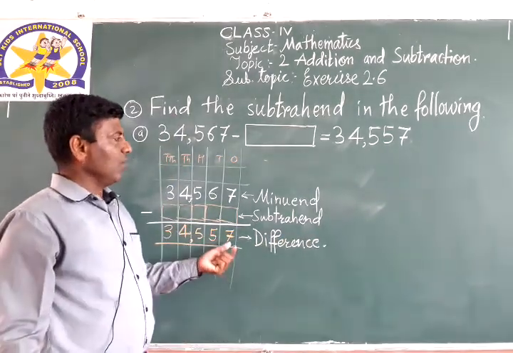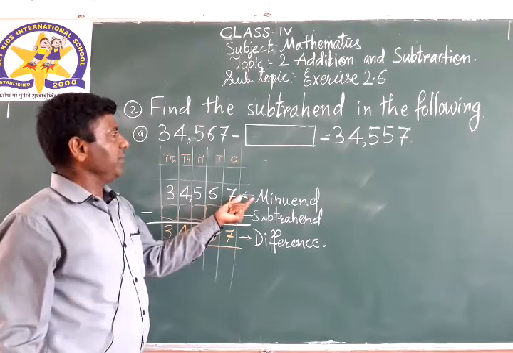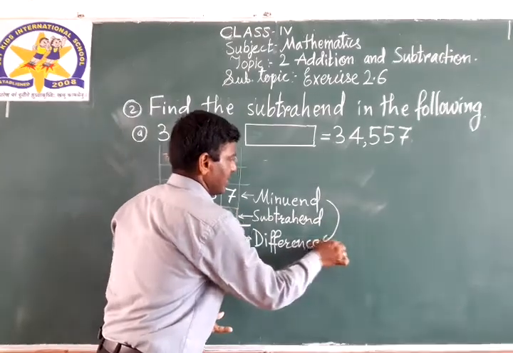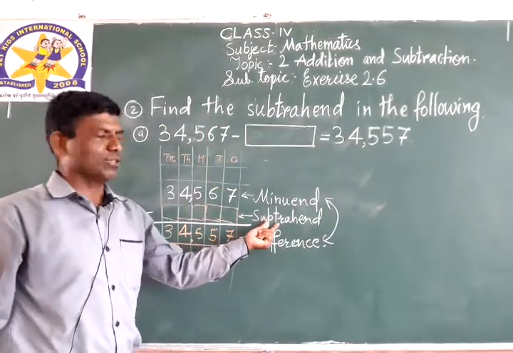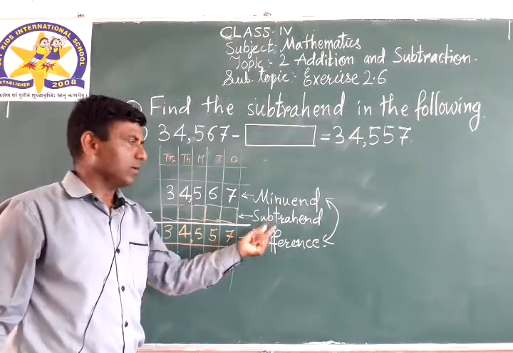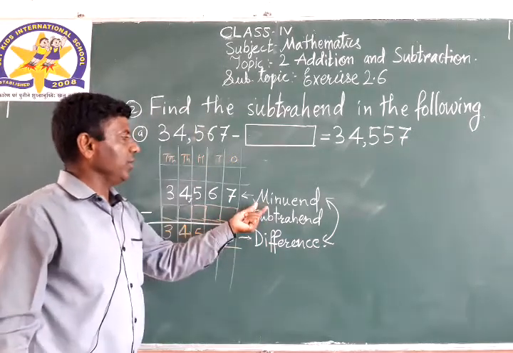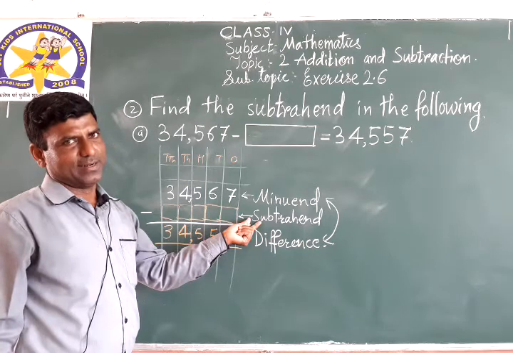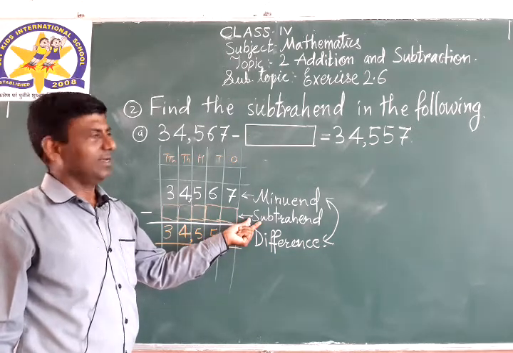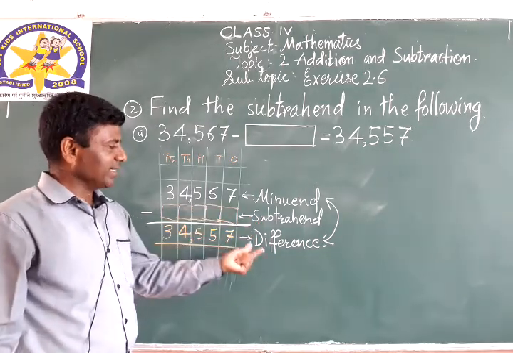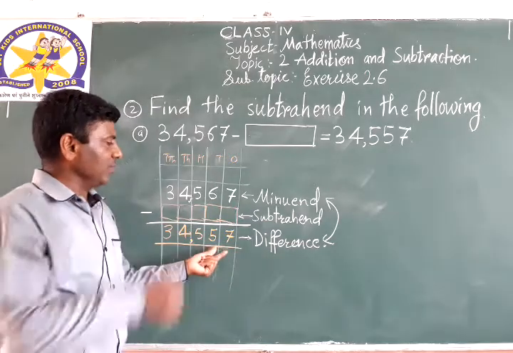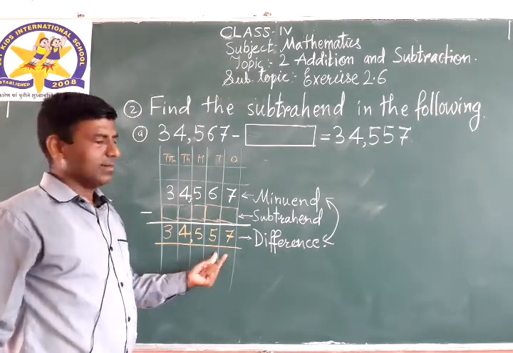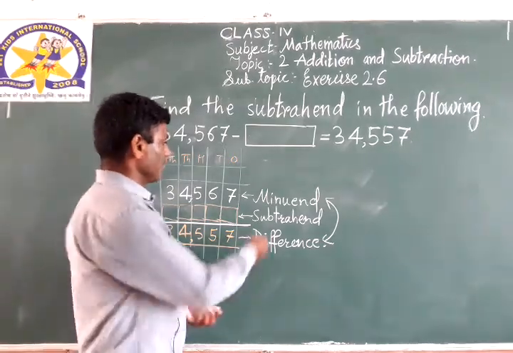Understand? Now what is given here? Minuend is given and difference is given. How to find out the subtrahend? Simple. Minuend minus difference, you will get the subtrahend. Got it? Now see, do it.